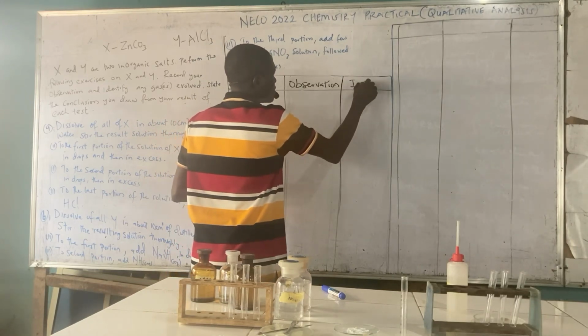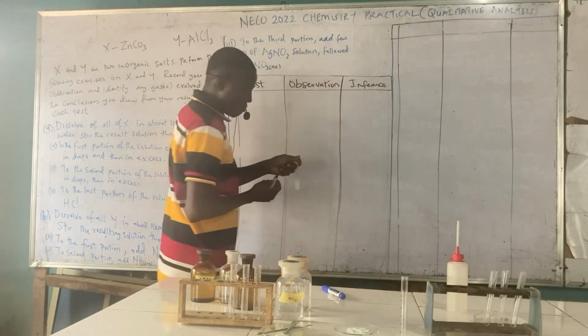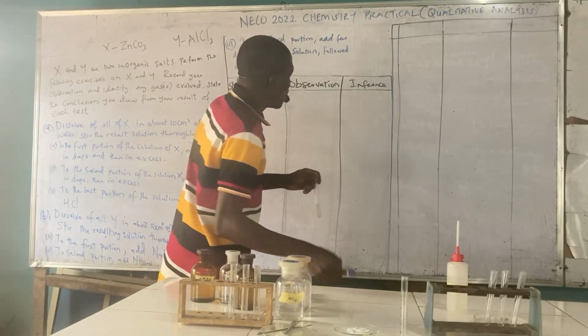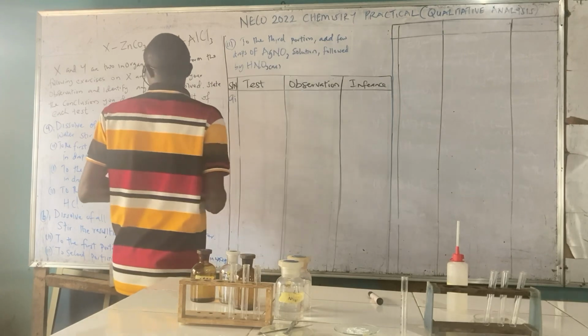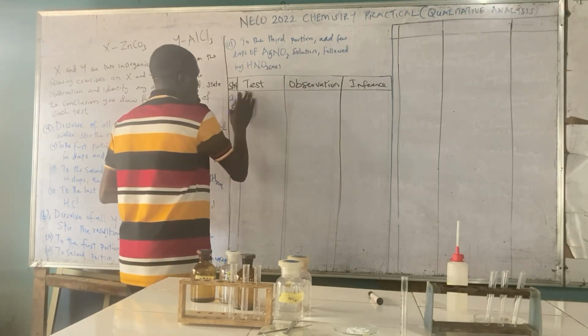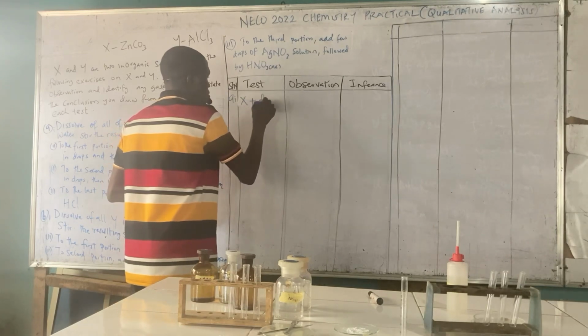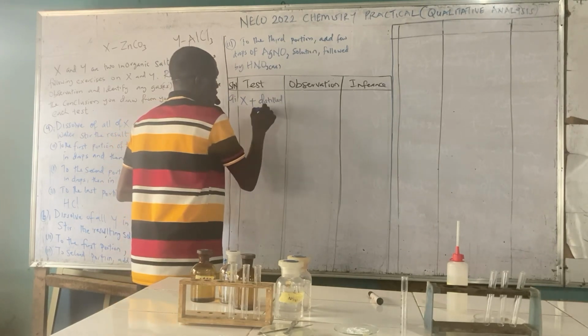Now we have the serial number here, the tests, observation, and then the inference. Under this one, the first question under A was X plus distilled water, H2O.